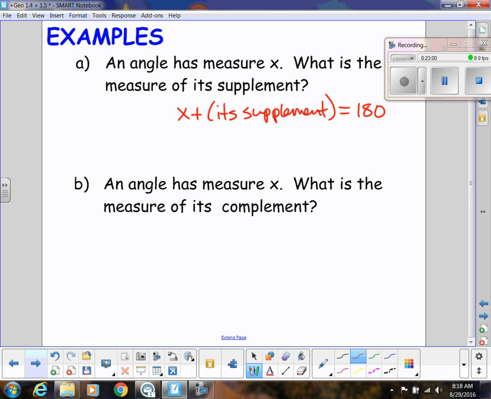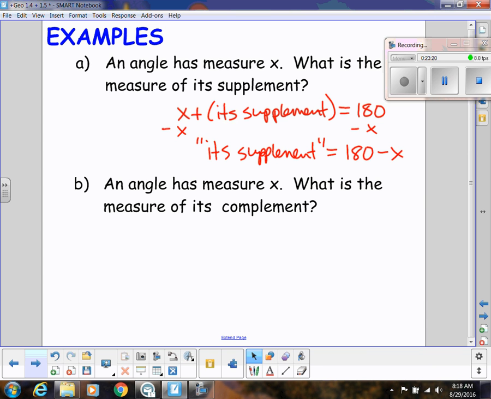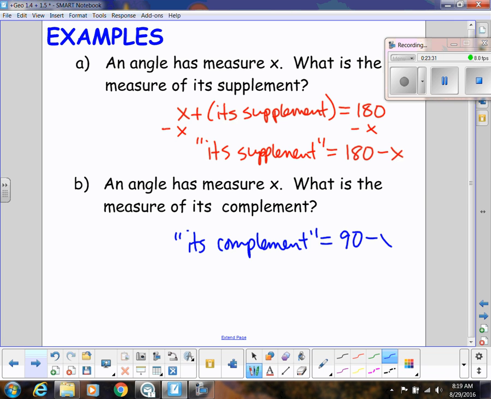So if I wanted to know what its supplement is, then I would just subtract x. So anytime you see the words its supplement, what you can fill in for that is 180 minus x. Same thing goes for the measure of its complement. If I say its complement, then I can immediately replace it with 90 minus x.